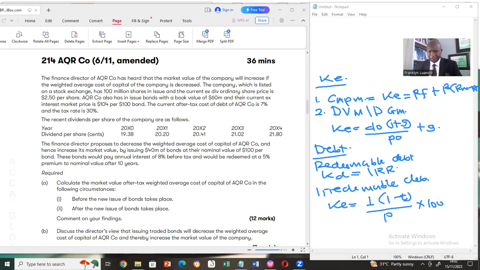P is the market value, excluding interest, at par value. So these are the methods that can be used to determine the cost of capital.